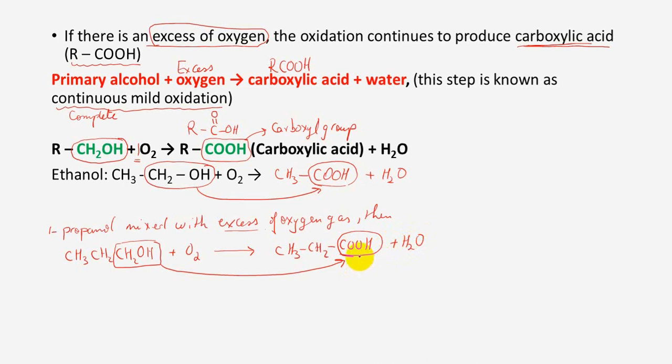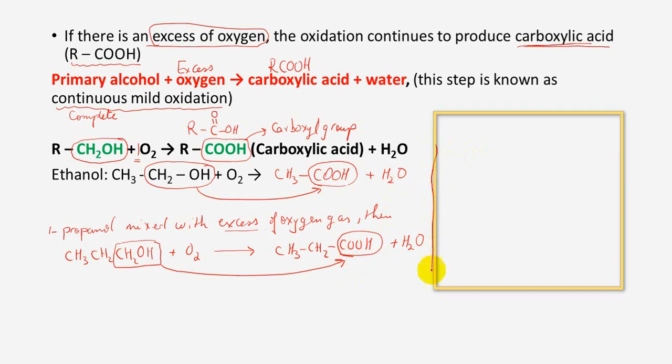So in catalytic oxidation, the primary alcohol can produce two different organic products. First step, it changes into aldehyde. If we have an excess of oxygen, it will change into carboxylic acid. So we can summarize the primary alcohol in catalytic oxidation.